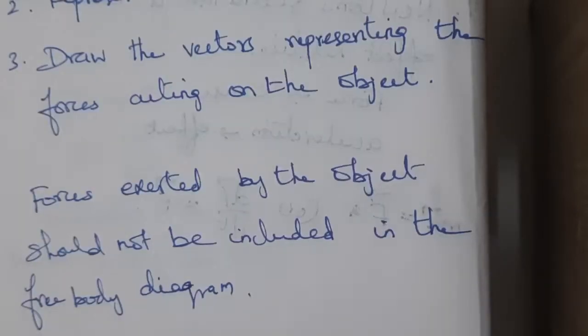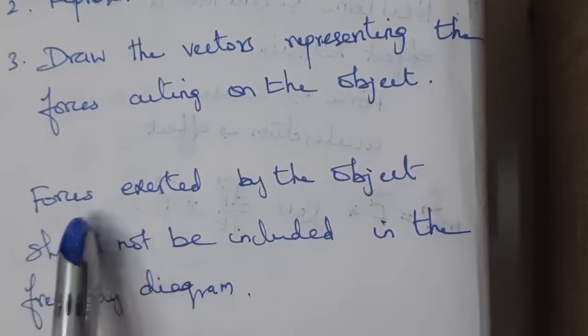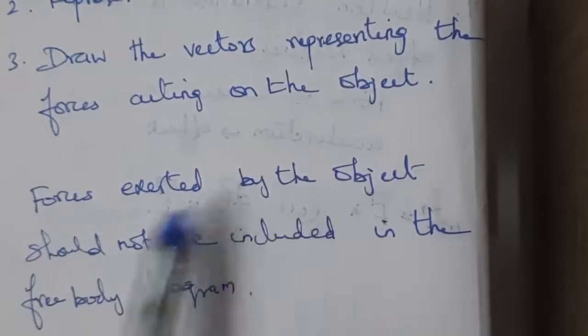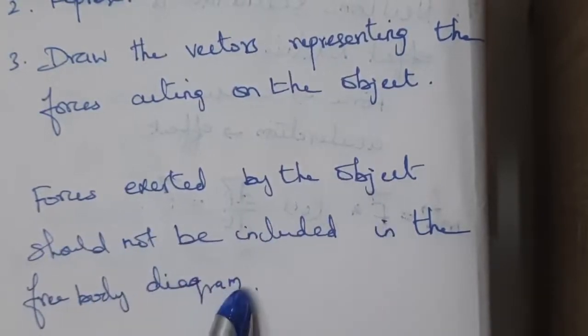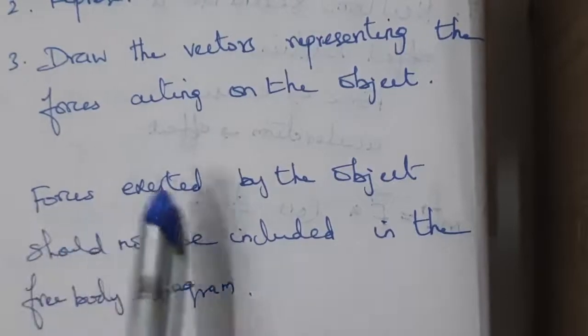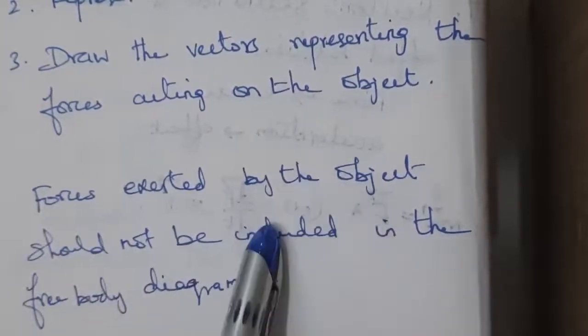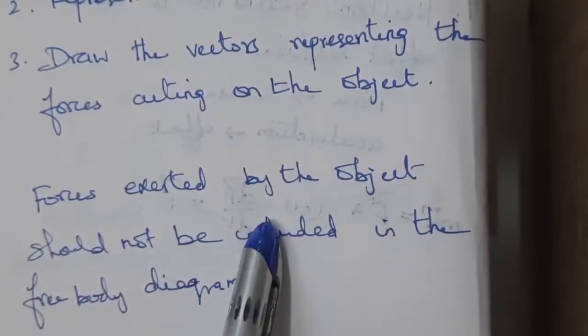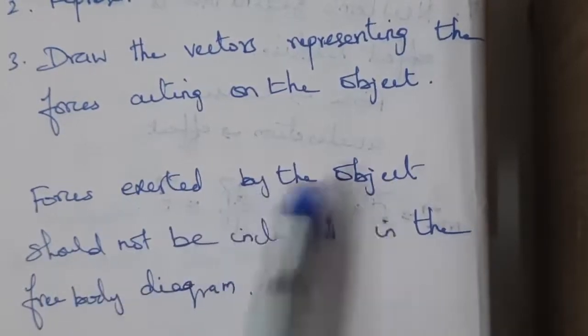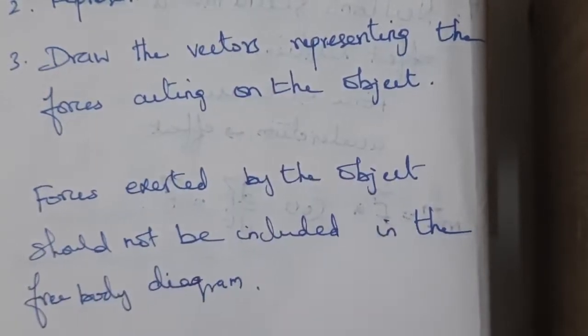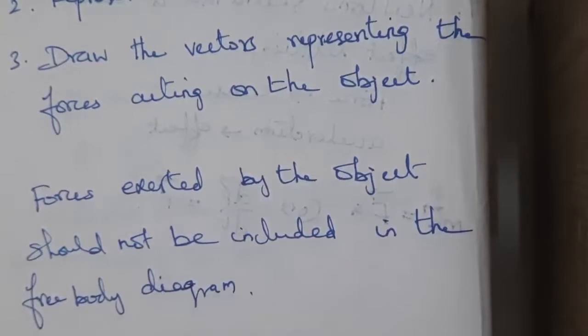Here, one more important point. Forces exerted by the object should not be included in the free body diagram. Forces exerted on the object can be included, but forces exerted by the object should not be included. So what is meant by free body diagram?